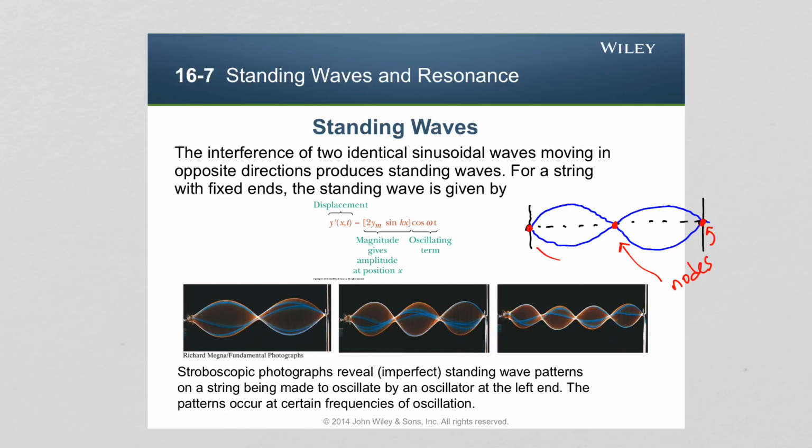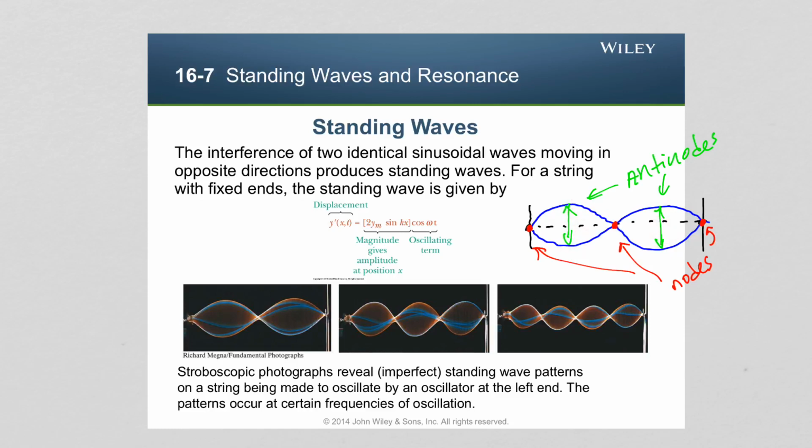So these are the nodes. And then the points where we have maximum oscillations, here and here, are called antinodes. So we have, in this particular picture of a standing wave, 1, 2, 3 nodes and 1, 2 antinodes.